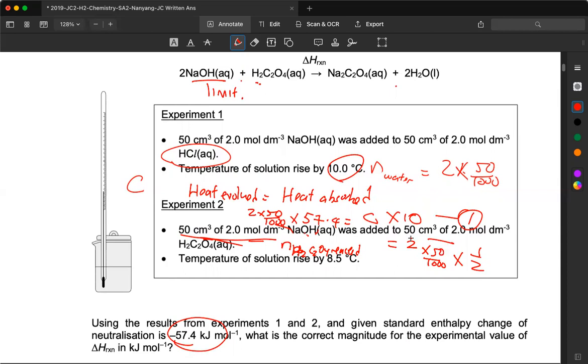With that, you equate this to this one: heat evolved equals heat absorbed, right?